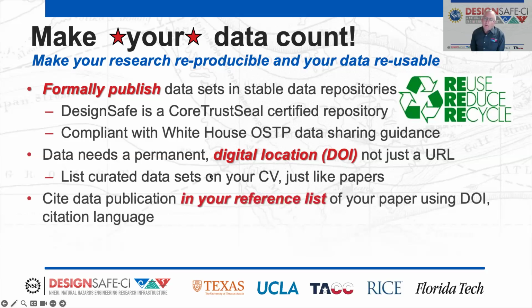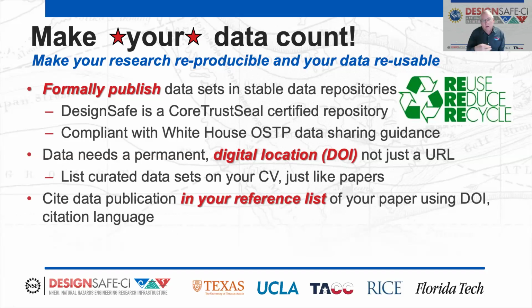When you're using data sets, put the references to those data sets in your reference list. Some journals are still at the point where they will not let you do that. They say, oh, that's a DOI, just reference that data set in the acknowledgements, or in the body of your paper. Those are not very discoverable.